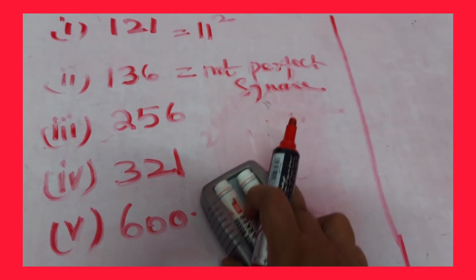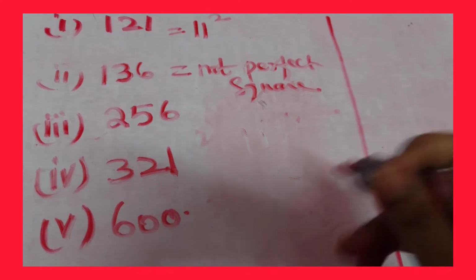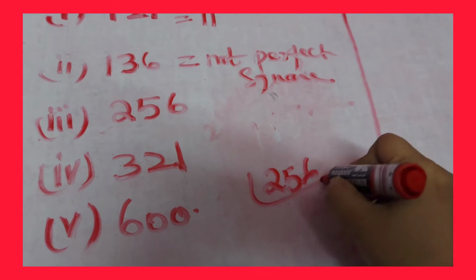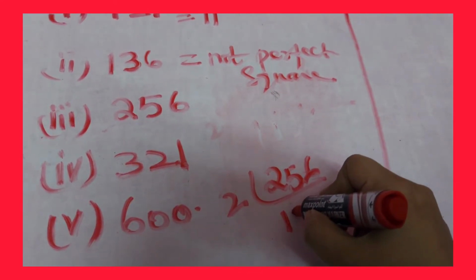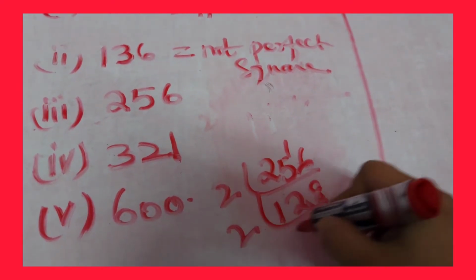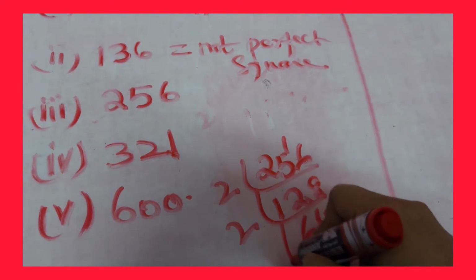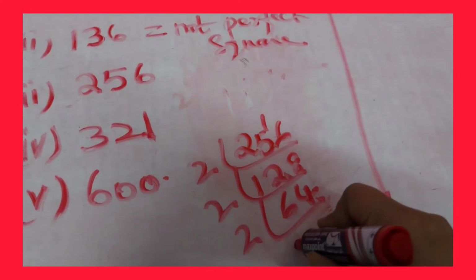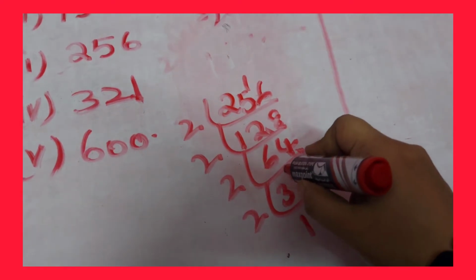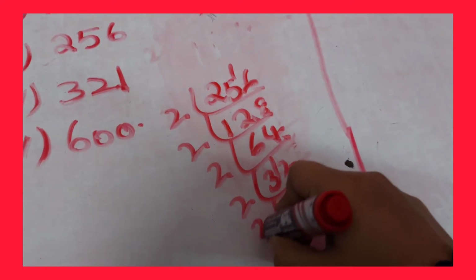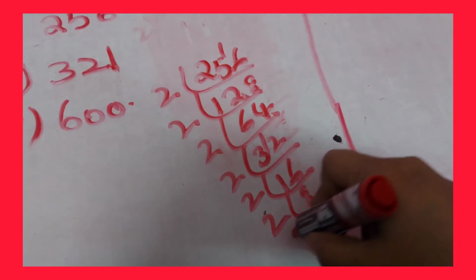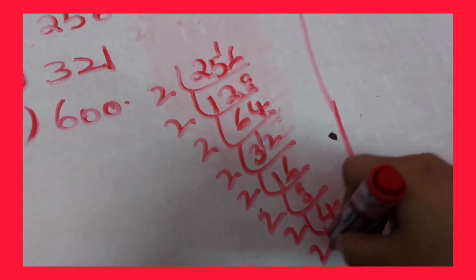Okay, so we'll see for 256. 256 means 2 1s are 2, 2 2s are 4, 2 8s are 16, 2 6s are 12, 2 4s are 8, 2 3s are 6, 2 2s are 4, 2 1s are 2.